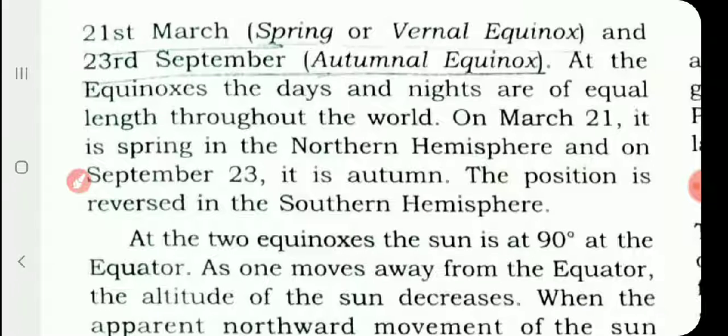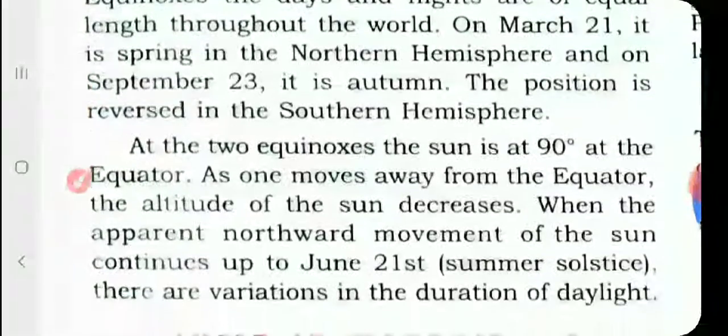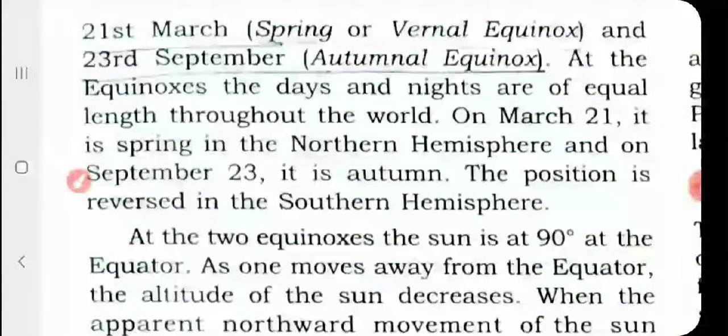It reaches over the Tropic of Cancer on 21st June, and we will have the longest day. This journey keeps on continuing. Clear now? That is one of the most important effects of revolution.